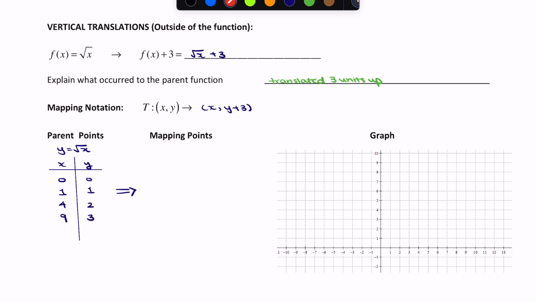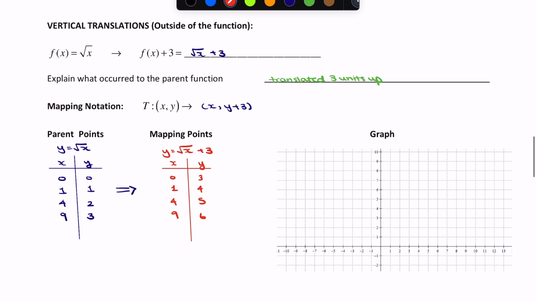And here, for our transformed function, we have y is equal to square root x plus 3. Our x values will stay the same here, and our y values will increase by 3, which will get us 3, 4, 5, and 6.